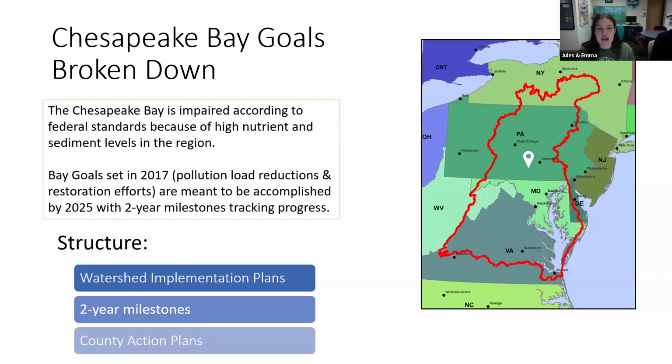Then county action plans help to fill in the gaps that are created. Especially within the Chesapeake Bay region, high sediment pollution, nitrogen pollution, and phosphorus pollution are big issues. The structure that's in place helps to monitor where we're at and what needs to be done.